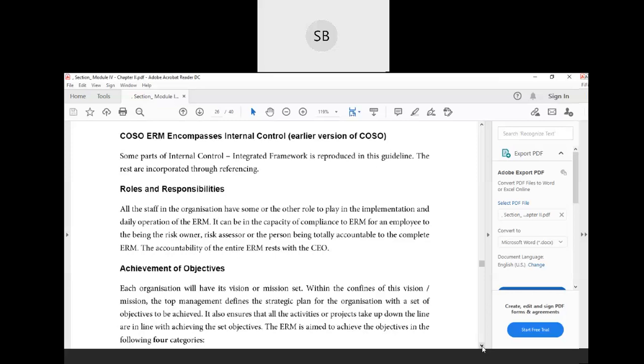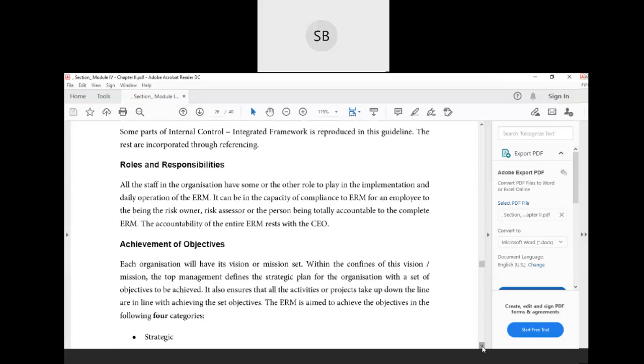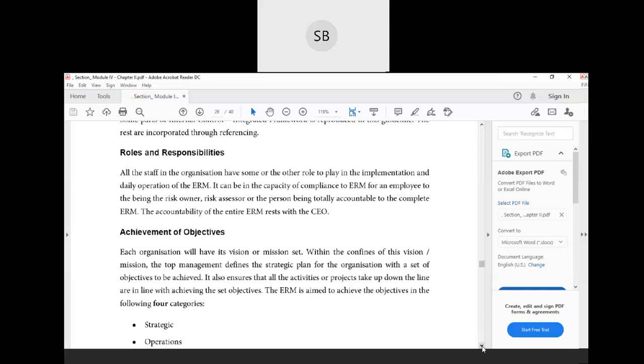Next is achievement of objectives. Whenever we have an organization, any organization, we must first have an objective, right? We don't think of the risk first, but apart from the risk, we have to identify the objective for the organization. Even in life we have an objective.